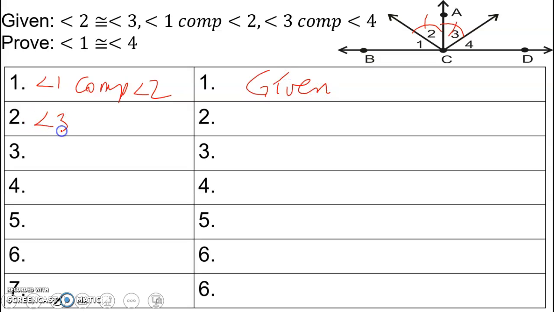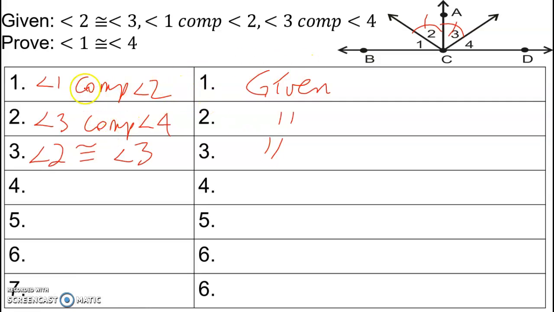Likewise, angle 3 is complementary to angle 4, given. And angle 2 is congruent to angle 3, that is also given. All these three are given. So we have two angles that are complements of two congruent angles. Angle 3 here and angle 2 here are congruent because it is given. Therefore, angle 1 must be congruent to angle 4.